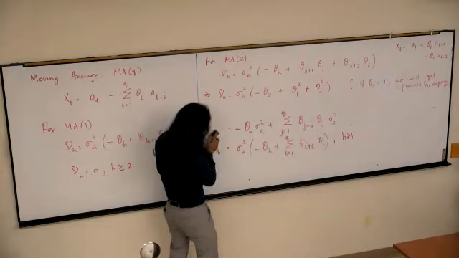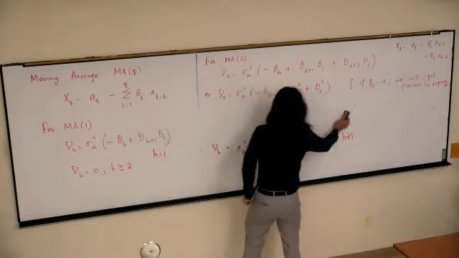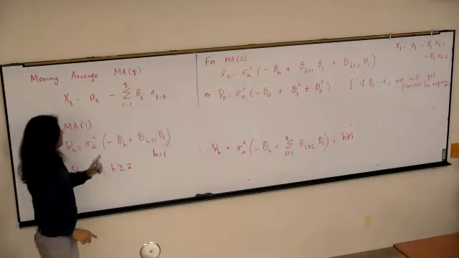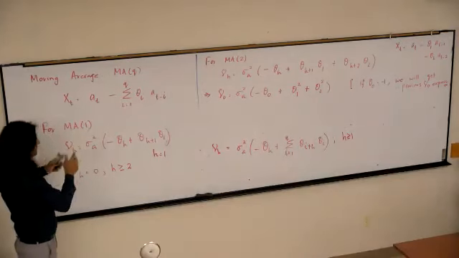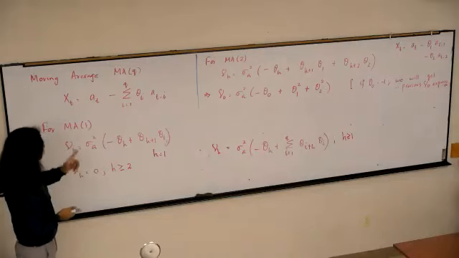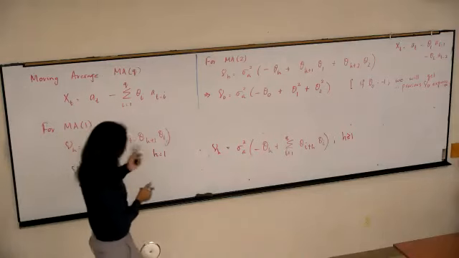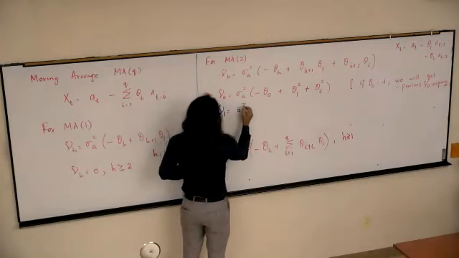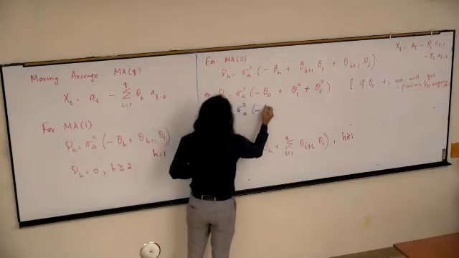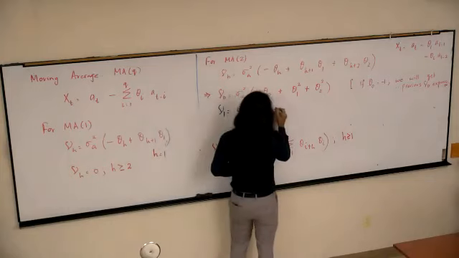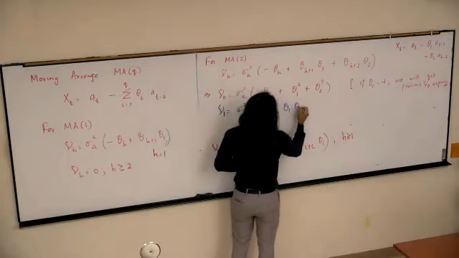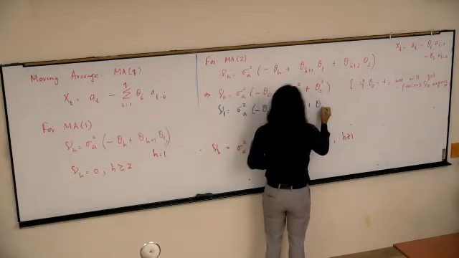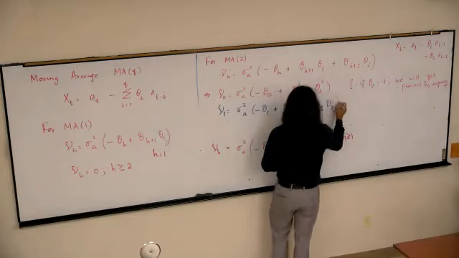I can erase this one. So we already have an expression for gamma naught. We have one for gamma 1, if h equals 1: sigma squared a times minus theta 1 plus theta 1 theta 2 plus theta 3 theta 2.